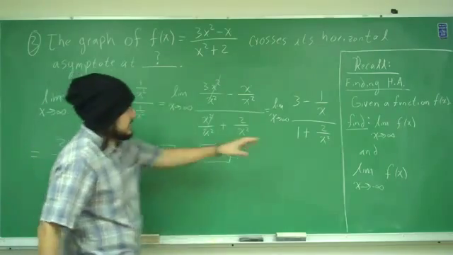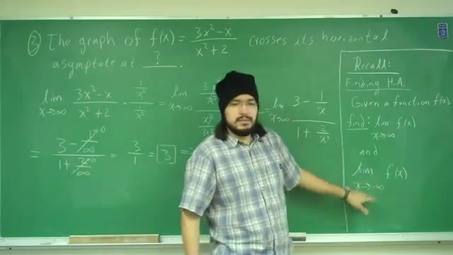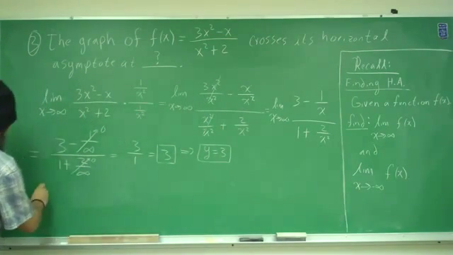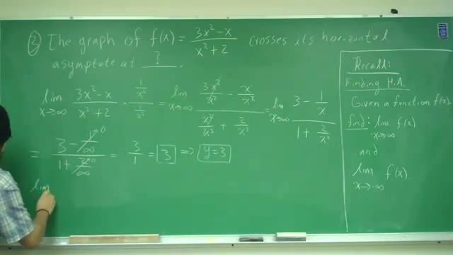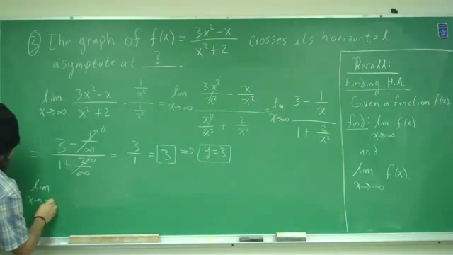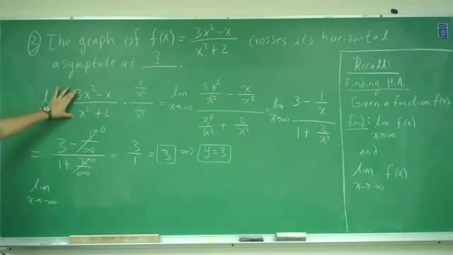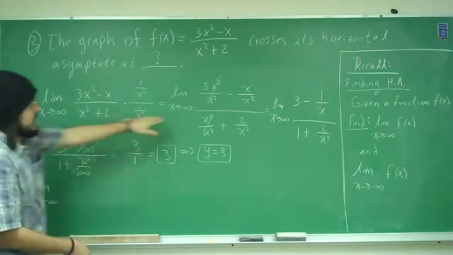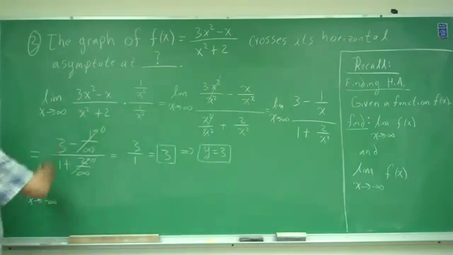Alright, so we did the limit as x approaches infinity, now we have to do the limit as x approaches negative infinity. It's going to be very similar. As x approaches negative infinity of this function, I'm going to do the same trick. So I'll just write down what I have if I do that trick.